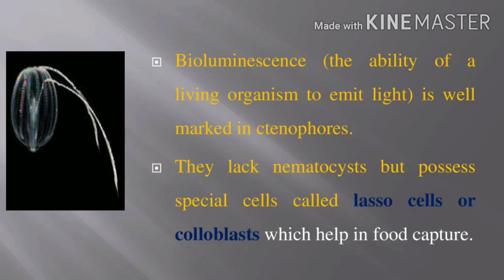That is the lasso cells, otherwise called colloblasts. What is the role of the colloblasts? They are helpful in food capture. In the last slide, the comb jelly has amoebocytes, smooth muscle cells and ciliated comb plates. But the common character of the Ctenophora is having lasso cells or colloblast cells, which are helpful in food capture.